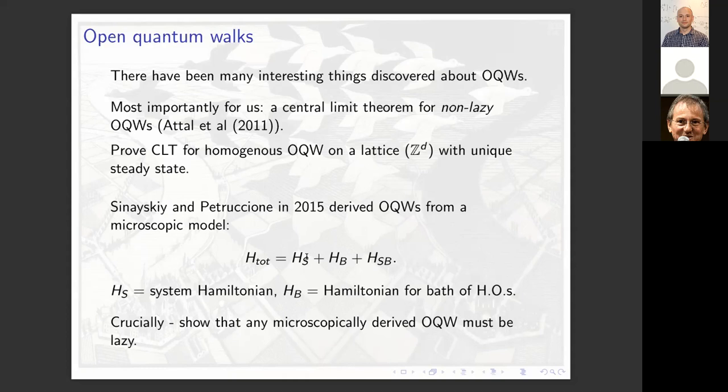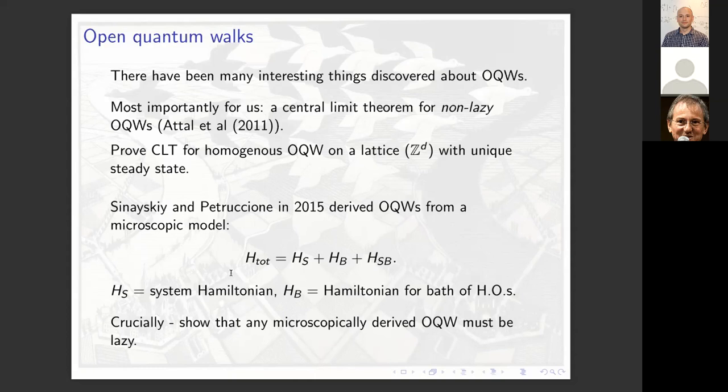H_S is the Hamiltonian for the system, so that's the walker and the lattice, the walker along with its internal degree of freedom. H_B is the Hamiltonian describing the environment, which concretely in that work was taken to be a bath of harmonic oscillators. And then there is a Hamiltonian describing the interaction between the system and the bath.